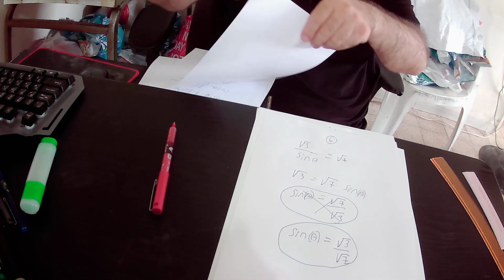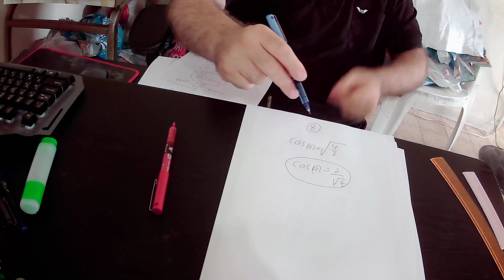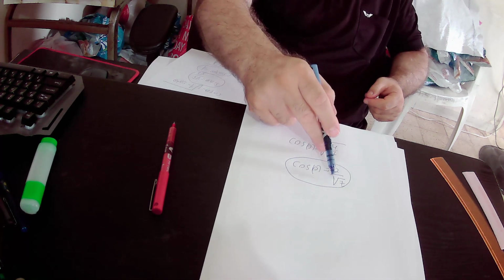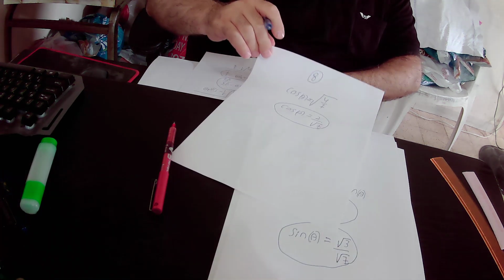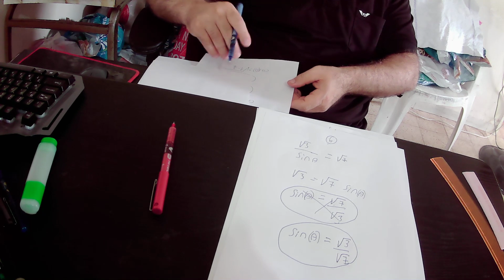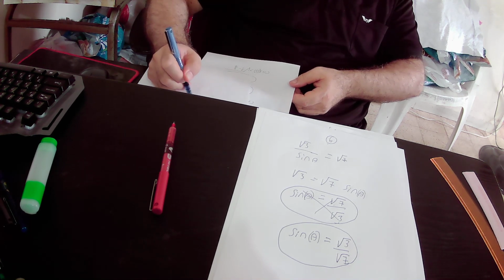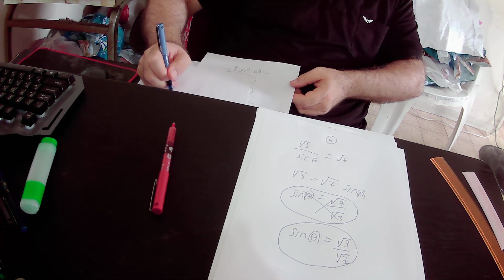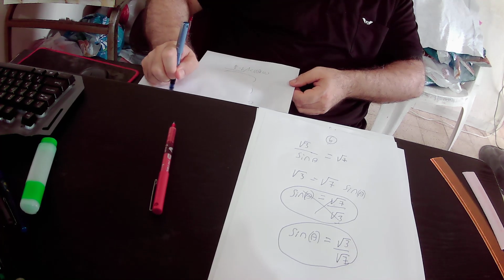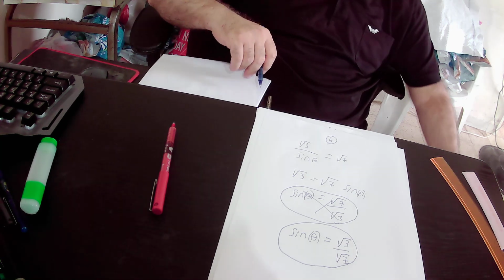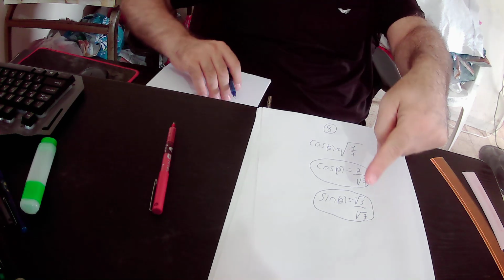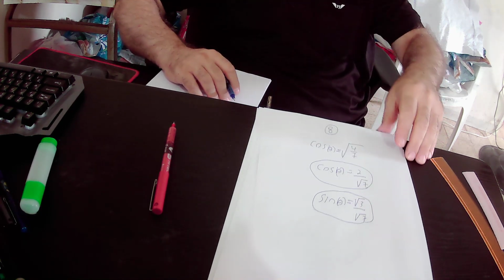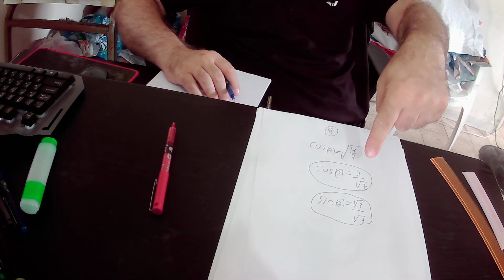We have already found that the value of sine theta is root of 3 over root of 7, and we found also that cosine theta equals 2 over root of 7.